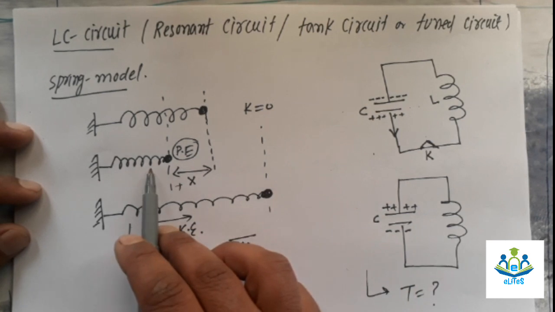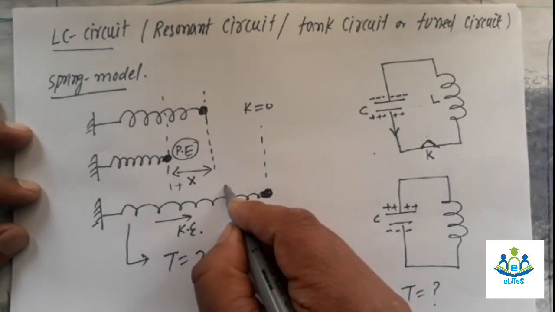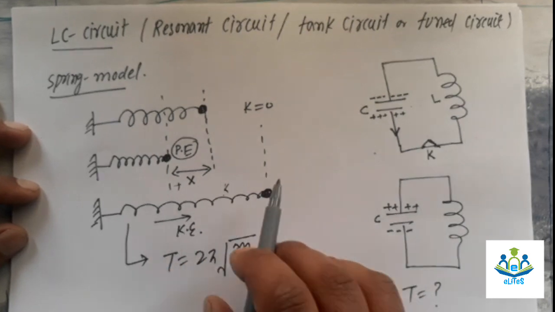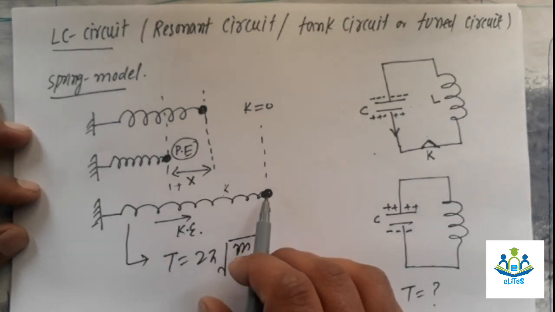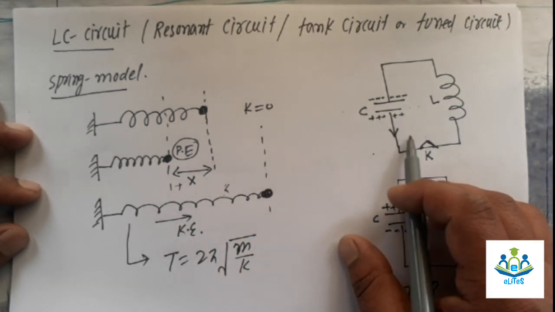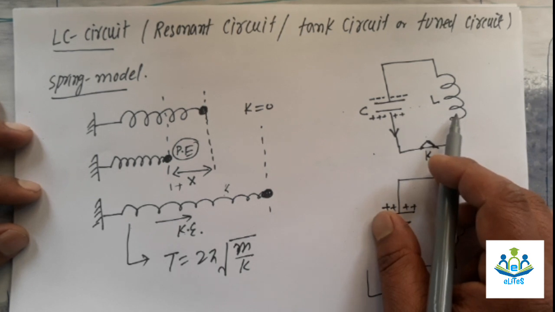That means potential energy is converted into kinetic energy when it moves. When it has got enough kinetic energy, it will again stop. Then its kinetic energy is converted into potential energy. The same is the situation here. The capacitor gets discharged and the energy gets converted into magnetic field energy.